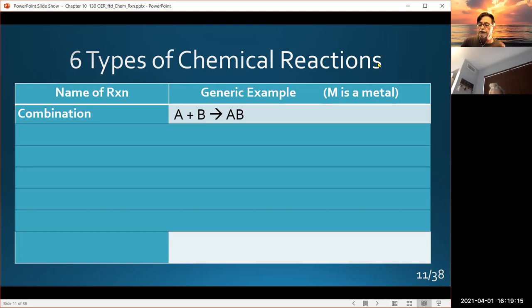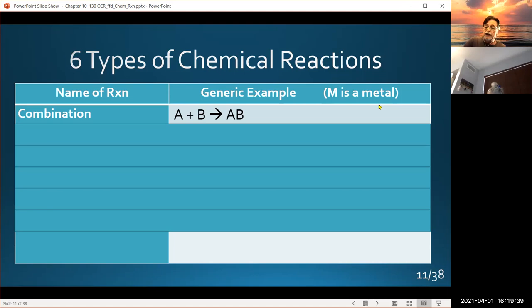But you can see here that there are 2 separate entities, A and B, that come together to form a compound, AB, whatever AB may be. And that is a type of chemical reaction we call a combination reaction. It's combined. A and B have combined to make the species AB.